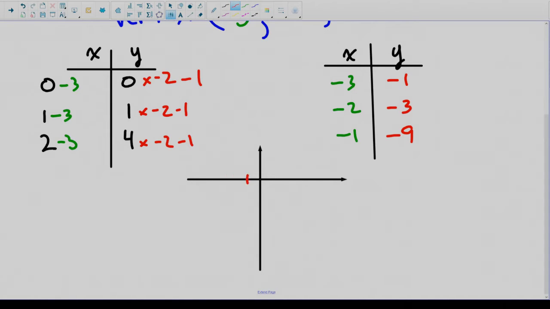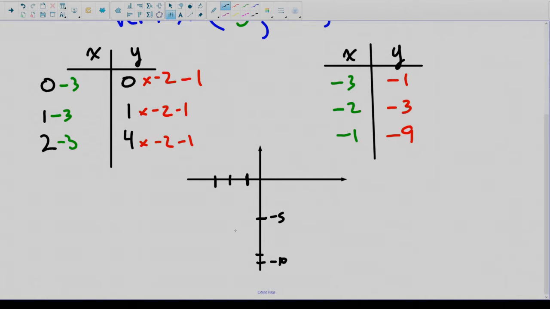So let's do -1, -2, -3. Now I've got to go all the way to -9 in the y's, so I'm going to do -5 and -10, and that means we know just before that is -9. Okay?